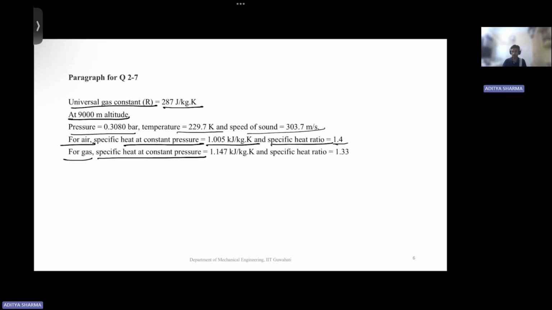For your gas, after combustion of your fuel and air mixture, the gas will have this specific heat and its specific heat ratio is this.